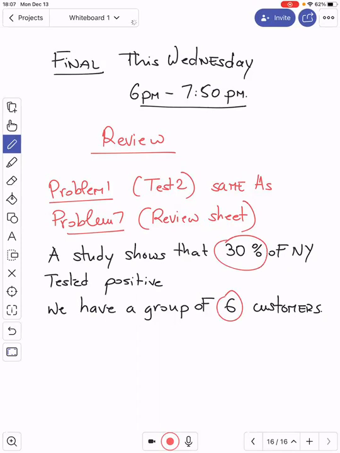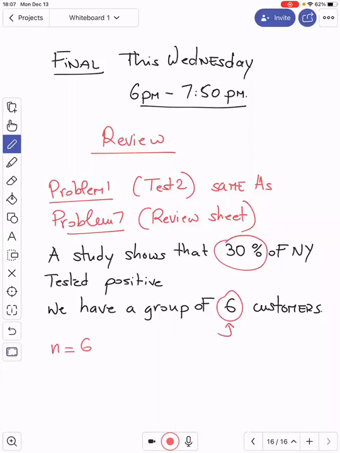So whenever you see a percentage and a number, that's probably a problem about a binomial distribution. In a binomial distribution, you have the size of the sample. Here we have a group of 6 customers, so n is 6.